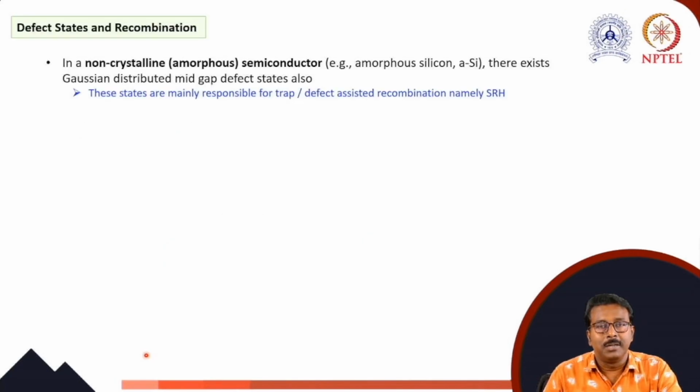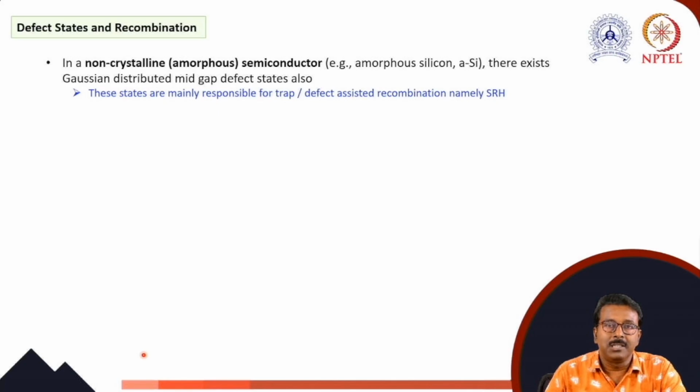In the last lecture, we saw that there are extended states in the forbidden gap due to structural disorder and phonon induced disorder. In addition to these extended states, there are some defect states also, and these states basically lie in the mid gap, that is near the middle.